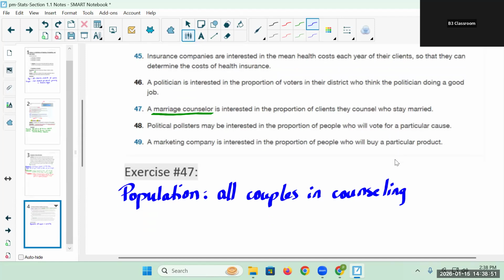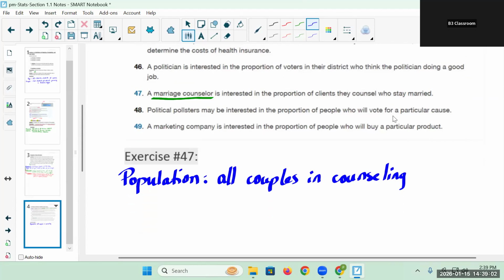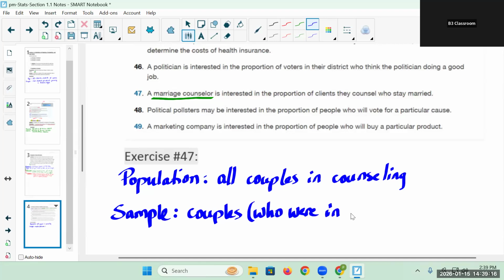Now, but then it says that the marriage counselor is interested in the proportion of clients that they counsel who stay married. So then the sample will be couples who were in counseling who stayed married.